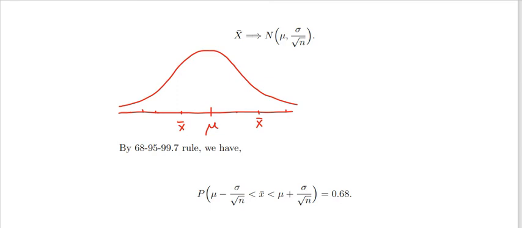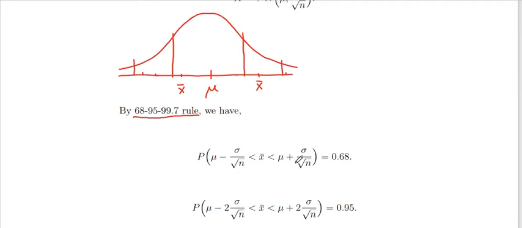From the normal distribution, we have the 68, 95, 99.7 rule. Meaning X bar is in this range, within 1 sigma, with 68%, within 2 sigma with 95%, or within 3 sigma with 99.7%.